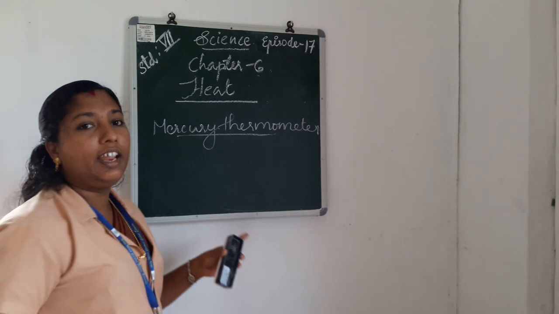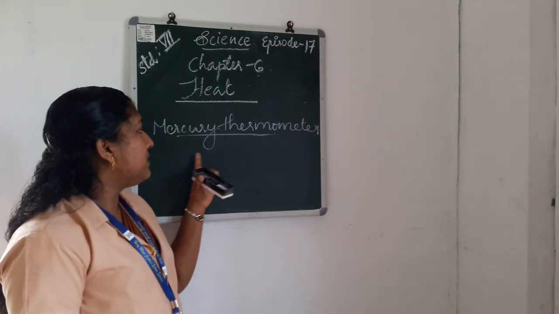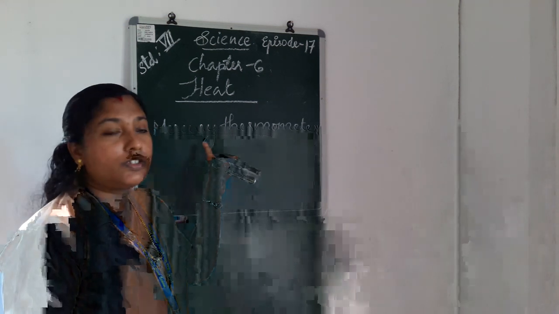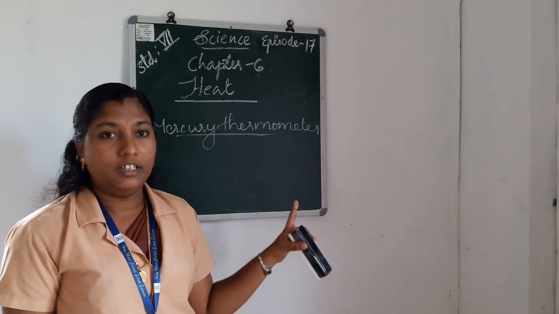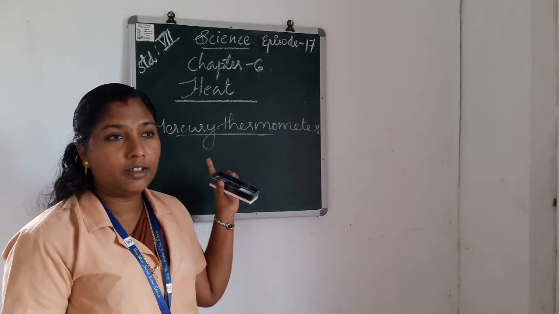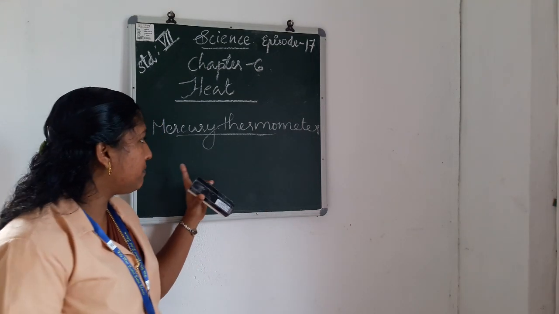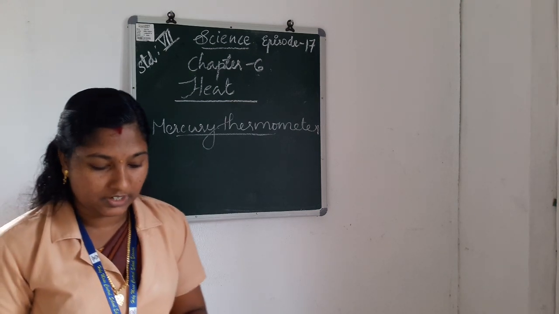Inside the clinical and laboratory thermometer, mercury is present, so it is also called the mercury thermometer. The reading is taken in the thermometer in the unit of degree Celsius.